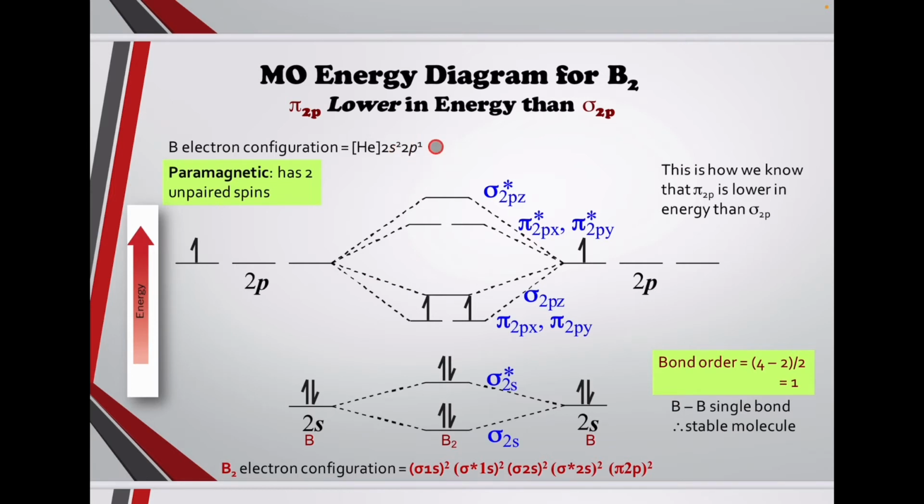Now because of the 2p here, remember pi 2p lower, 1 2 1 2, and draw the molecular orbital. Start with the 2s2 and then 2p1. So here 2s2, this is the atomic orbital for boron, and also here, and in the center here is for the molecular orbital of B2. So 2s2 2p1, following the electron configuration of boron, and same here 2s2 2p1.